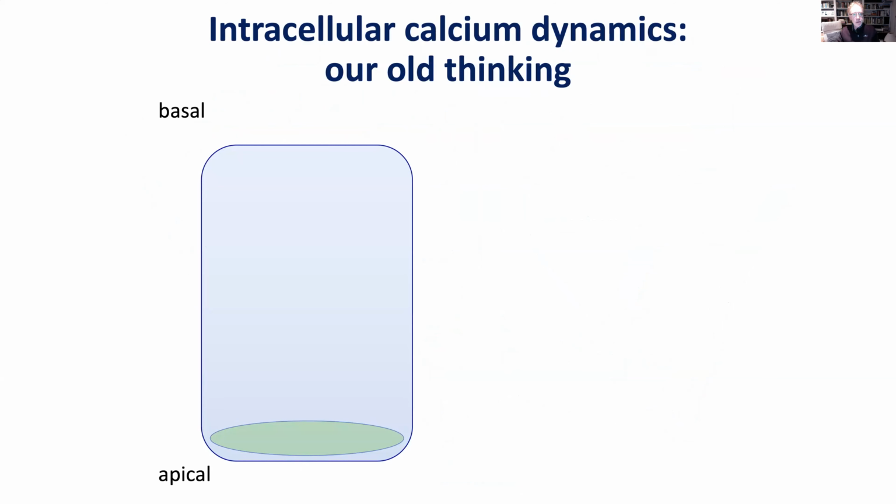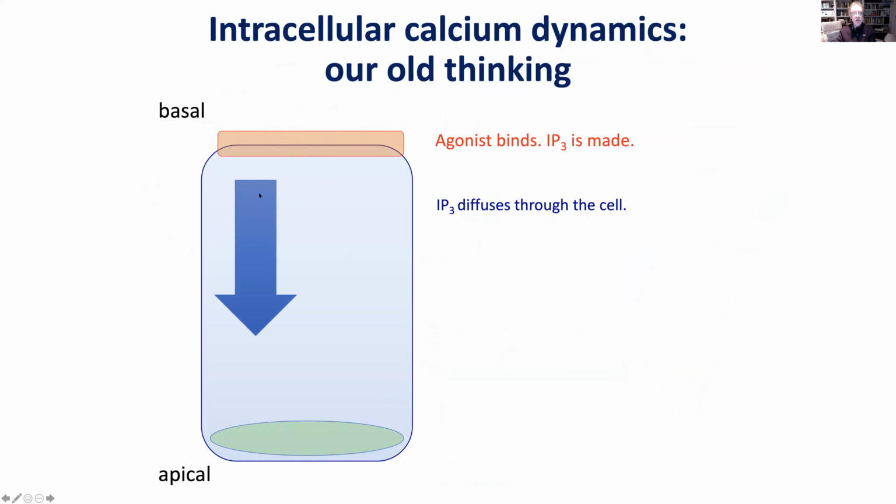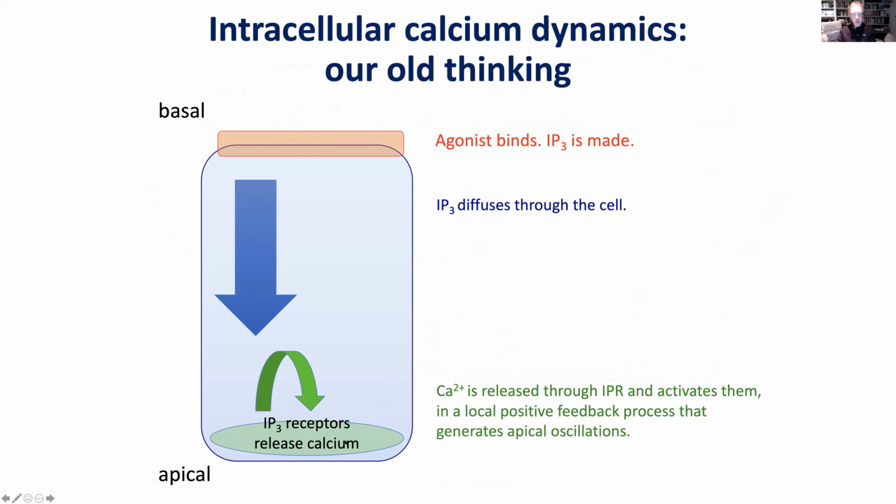Here's the basal region. Here's the apical region. When you bind agonist, it makes IP3 in the basal region. That IP3 diffuses through the cell. It then binds the IP3 receptors in the apical region of the cell. Those IP3 receptors release calcium, so calcium is released in the apical region.